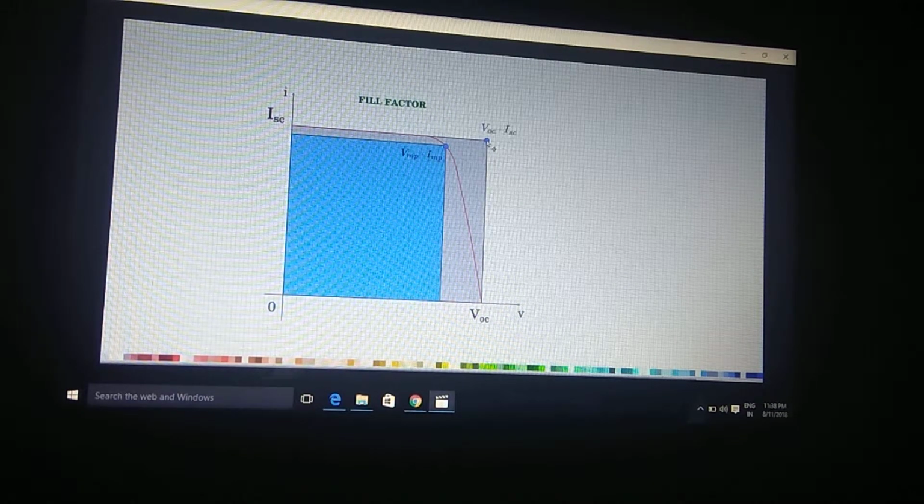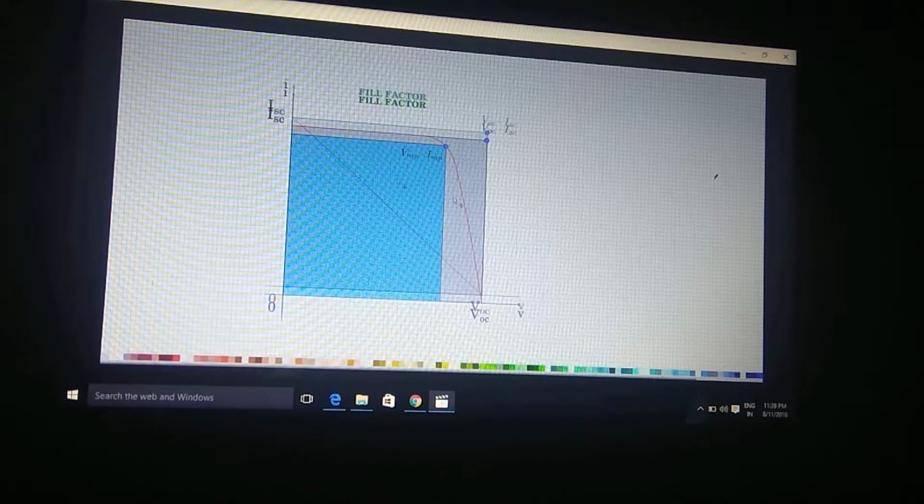So this point, VOC into ISC, would be the peak power of such an ideal cell, but this will never happen. This is a more practical cell. Now we need to see how close this area matches with the gray shaded area of a very ideal cell. That is how the definition of the fill factor comes.